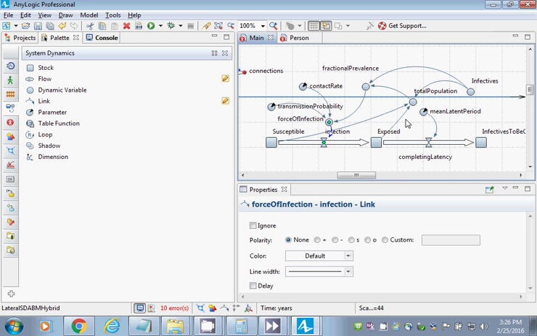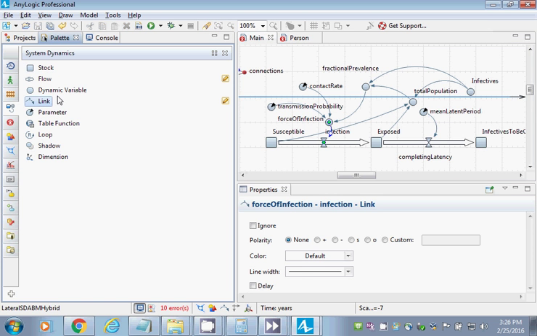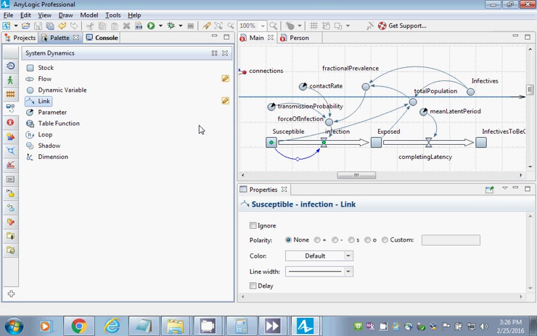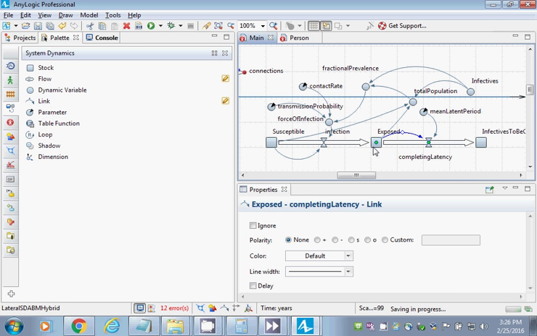Do we want to walk through the logic a little bit? Well, I was going to do that with the formulas, but the basic idea is the total population is the sum of susceptibles, exposed, and infectives. The fractional prevalence is just the infectives divided by the total population.